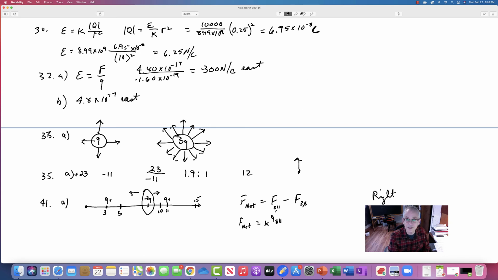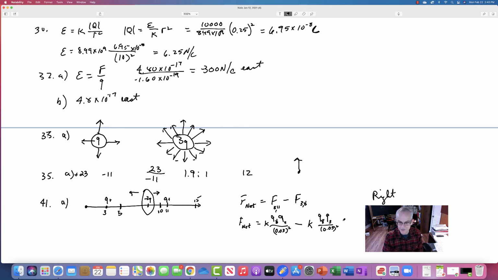So it's going to be the Q at 8 times the Q at 11, divided by this distance, which is 8 to 11, or 3 centimeters, or 0.03 meters, squared. And that's going to be subtracted by K times, again, the Q at 8, but now the Q at 3, and the distance is going to be 0.05 squared.